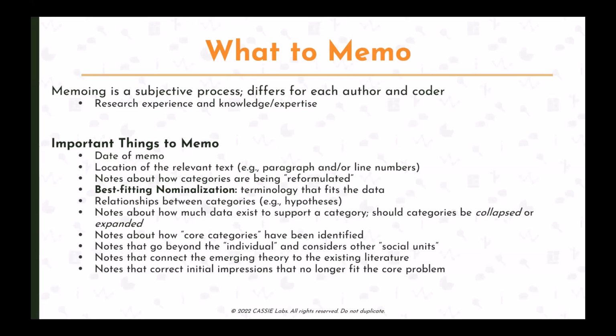Another thing that's cool about memos is that they can help correct those initial impressions that we get. Those first few cases that we observe give us a lot of information, but that information is very, very likely subject to change with further coding and further experience with the data set. It's okay to jot down when, through that experience, we realize that my initial impressions of phenomenon X no longer hold, and that my impressions of this phenomenon have changed.